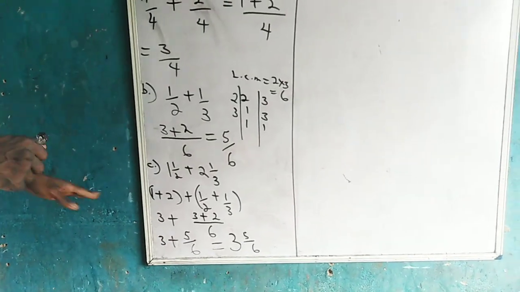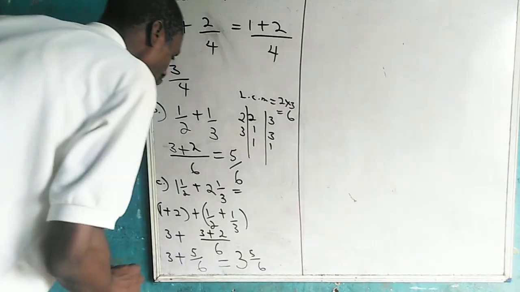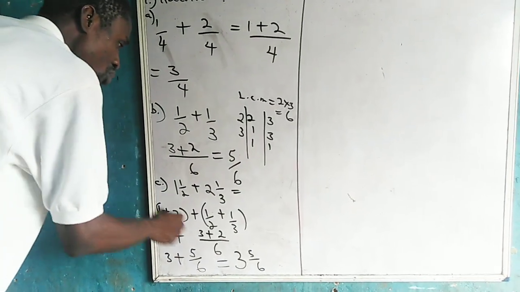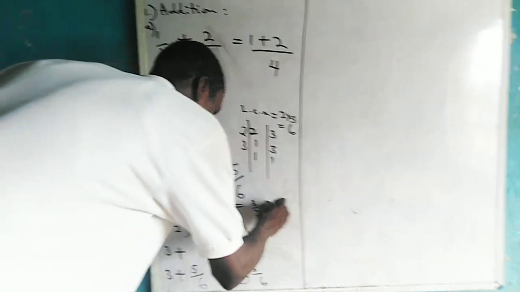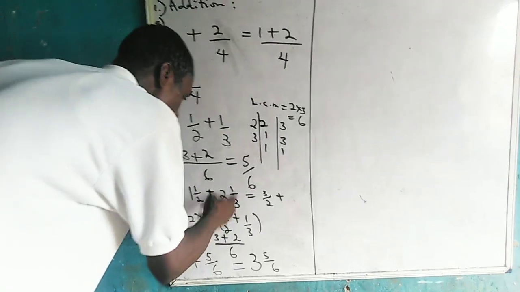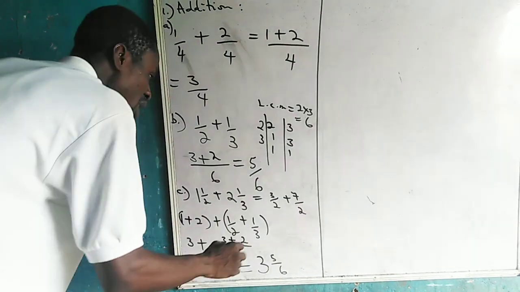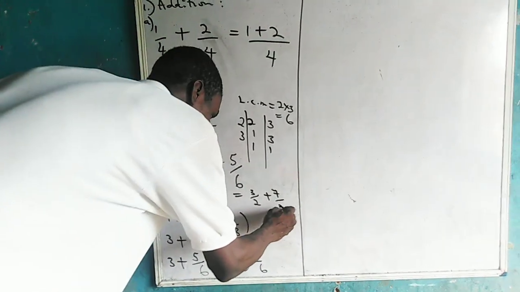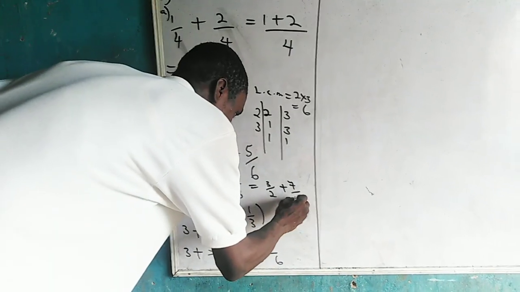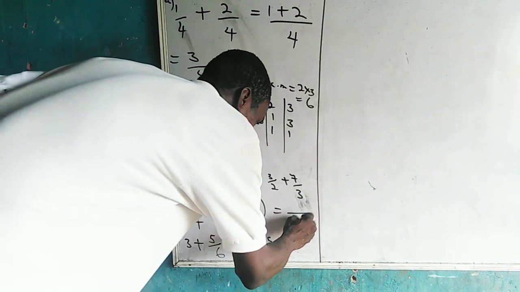Another alternative route you could apply is this. You could say 1 times 2, 2, plus 1, 3, that's 3 over 2, plus 2 times 3 is 6, plus 1, 7, that's 7 over 3. The LCM here is 6.